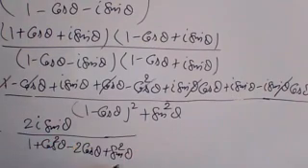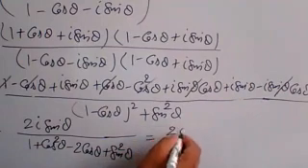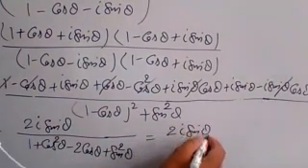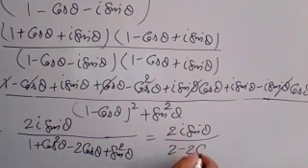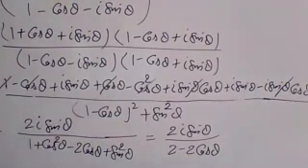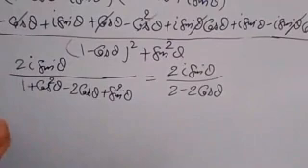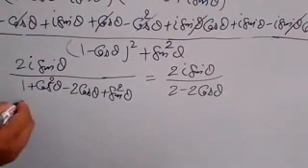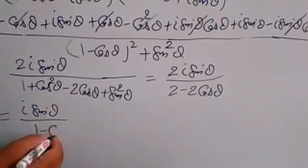Okay, and cos square theta plus sine square theta is equal to 1. So that is equal to 2I sin theta upon 2 minus 2 cos theta. Now taking 2 common, so that we cancel out from numerator and denominator. So you have I times of sine theta upon 1 minus cos theta.